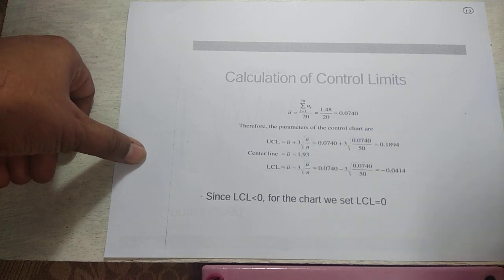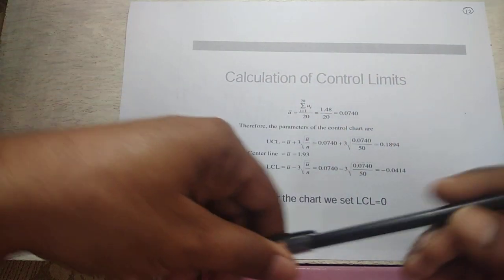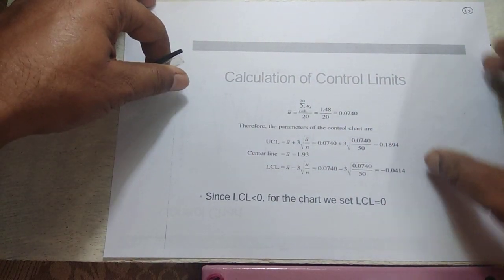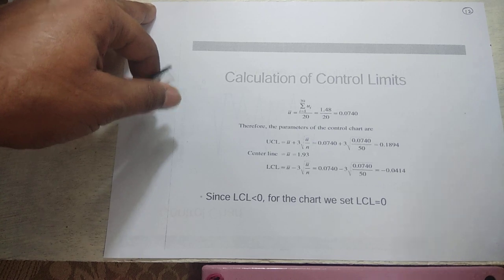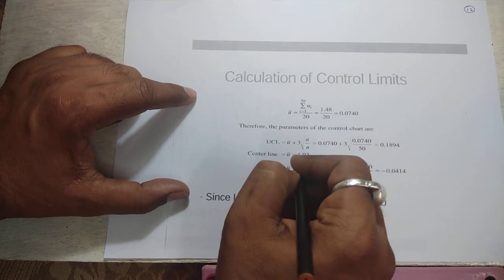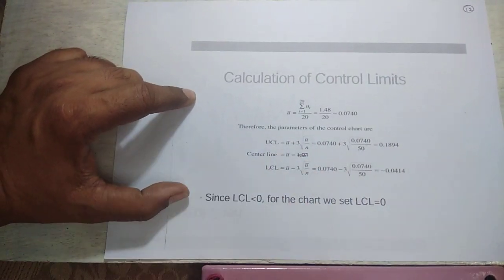The center line equals U bar, that is 1.93. Sorry, this is wrong. The center line will be 0.0740, it should not be 1.93.